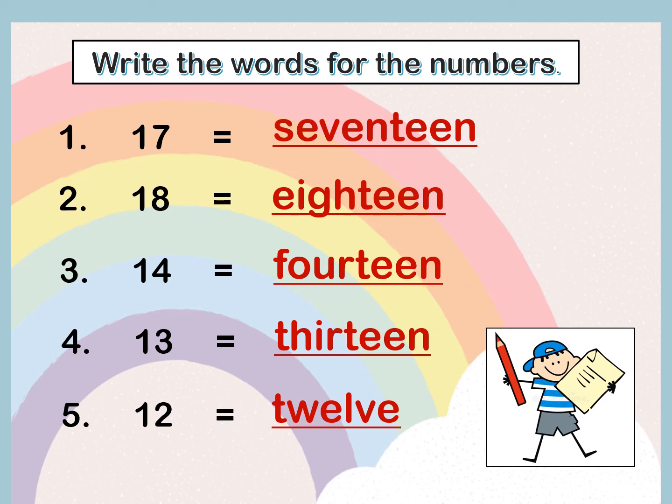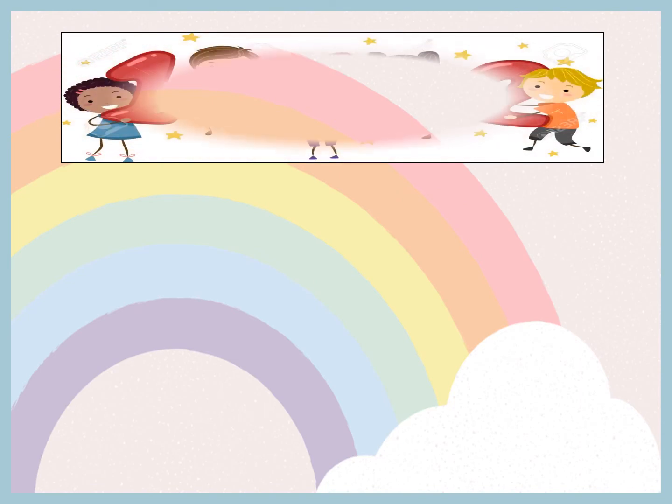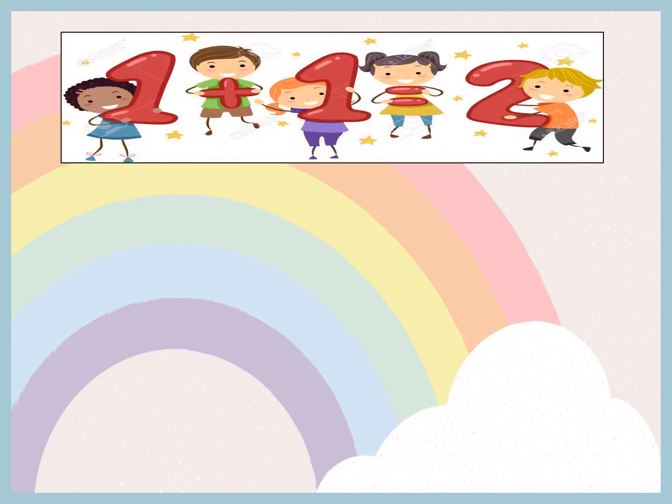On the next slide, we are going to do the same, but we are going to spell different numbers. Ready? Okay, kids. Now, what's this? 1 plus 1 equals 2. This is an equation, or a number sentence.